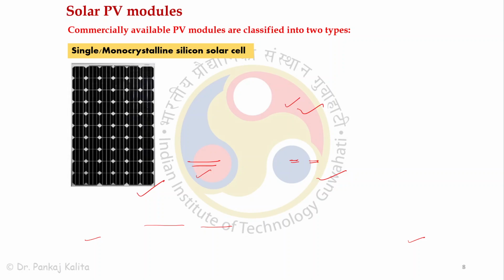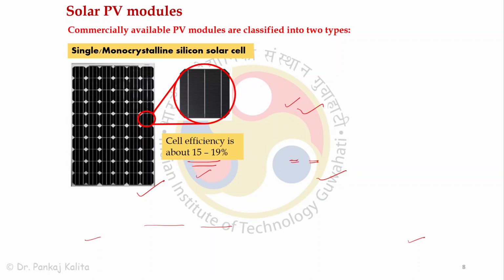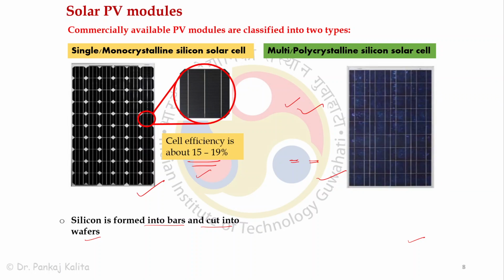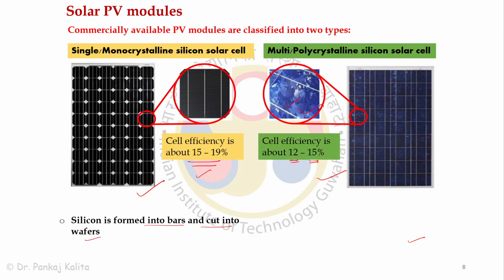When we talk about commercially available photovoltaic modules, they are classified into two types. I think these things are also covered in the previous lectures, so I won't go into detail. One is single or monocrystalline silicon solar cells, where wafers are basically arranged in a linear pattern, and then we have multi or polycrystalline silicon solar cells, where fragments of silicon are melted together to form wafers.